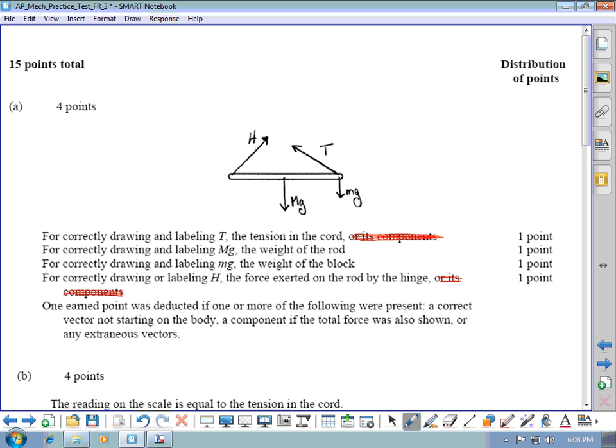It needed to have an understandable label, just saying G is not okay. Just saying gravity is not okay. It could be force of gravity.